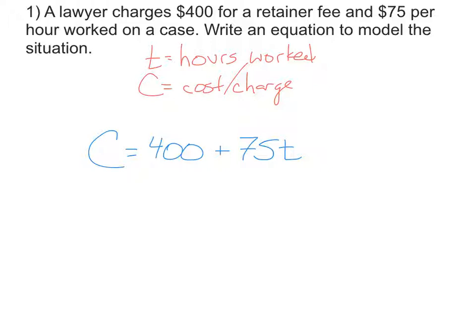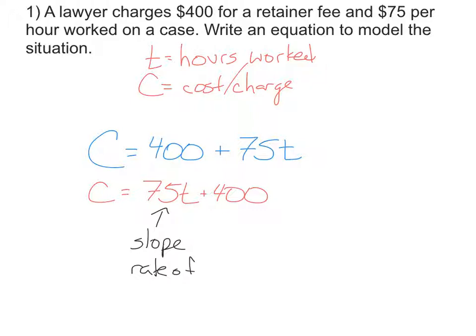So we've seen equations like this before, typically rewritten like this. And I did this just using the commutative property. I can switch the order of addition. And in this case, there is the slope, or rate of change. We would say it's a rise of $75 in cost for every 1 hour that has been worked.